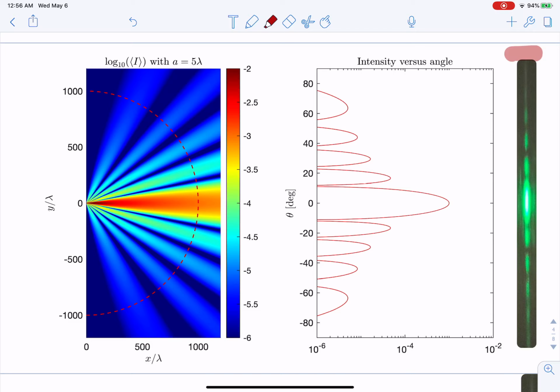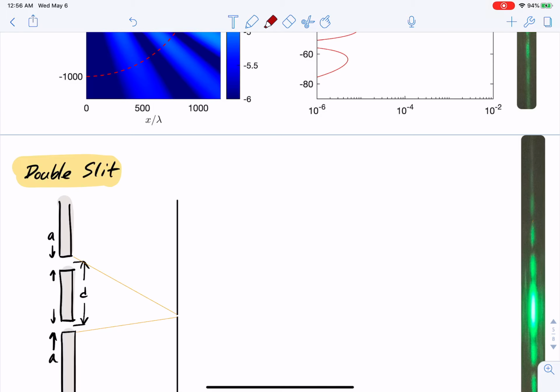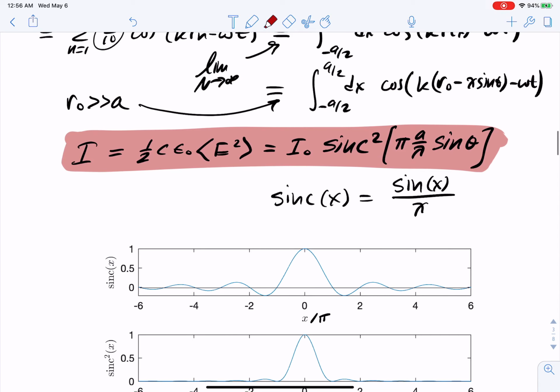And over on the far right here is an actual photograph of light, a green laser passing through a slit. The first part of this week's lab is going to be to analyze this image. Okay, so that's the single slit. It's this equation here that drives the single slit. We'll see some simplifications of it later.